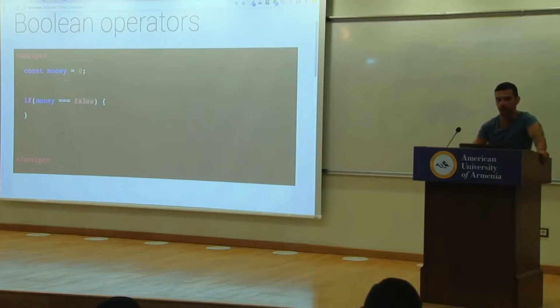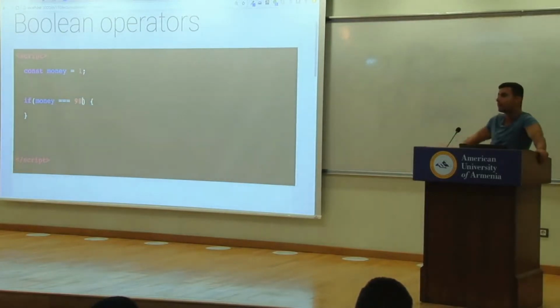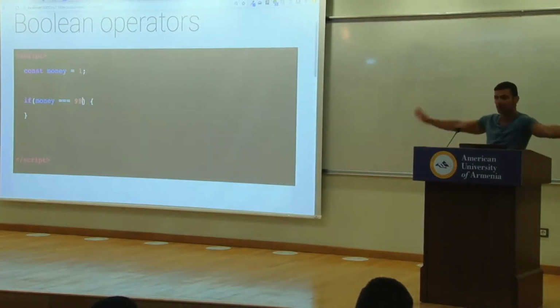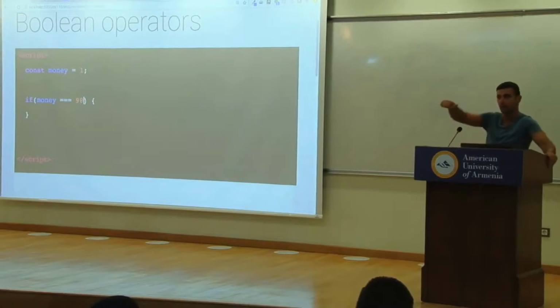In the same way that even though this is truthy, if we did this, it's not true. If I compared 1 to 98, 98 is truthy, right? It's not falsy. 1 is truthy. Of course, 1 is not equal to 98. They're two completely different values. The only thing they have in common is that they are truthy, in that they are more here than here.